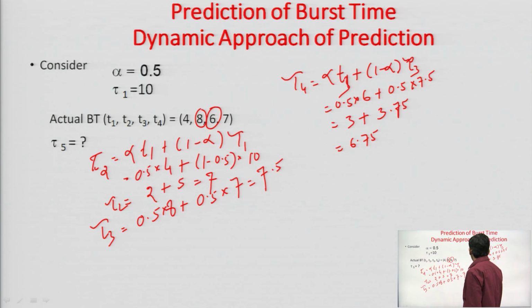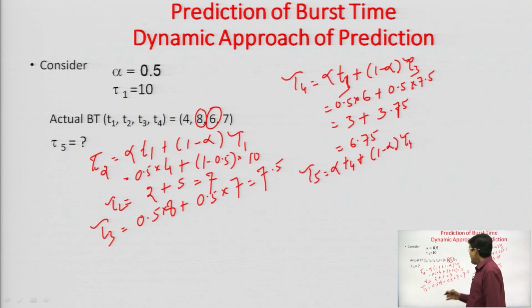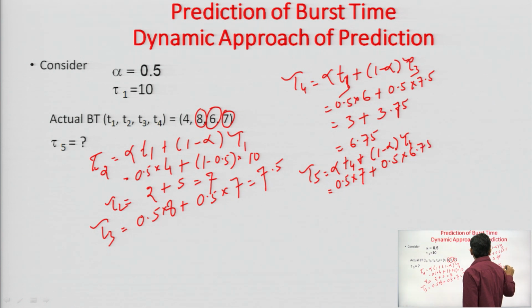Finally, you can go for computation of tau 5. Tau 5 can be found with the same formula. That will be equal to alpha T4 plus 1 minus alpha tau 4. So, alpha is 0.5, T4 is 7, then 0.5 again, and tau 4 is 6.75.